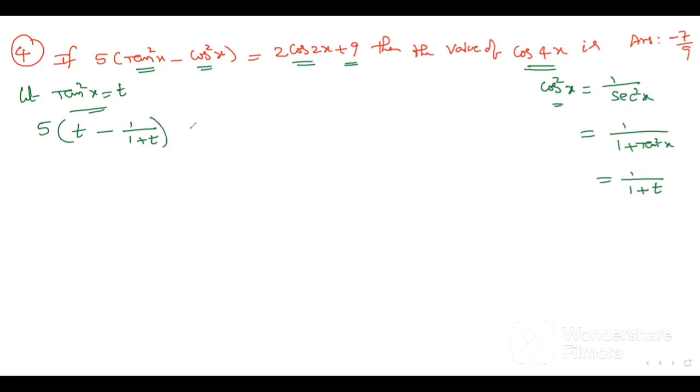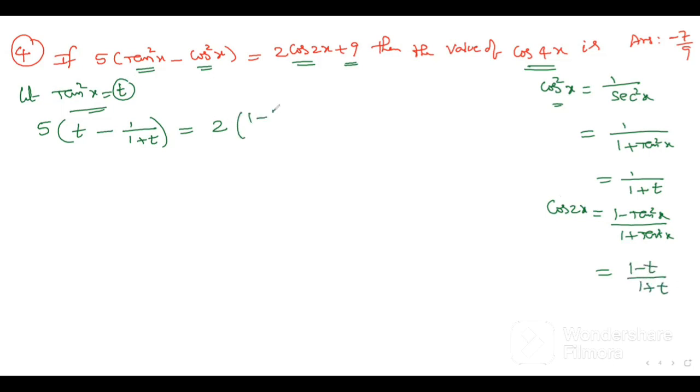Equal to 2 times of cos 2x. What is the cos 2x in terms of tangent? 1 minus tan square x by 1 plus tan square x. Here tan square expression is t, already we have taken. So 1 minus t by 1 plus t.